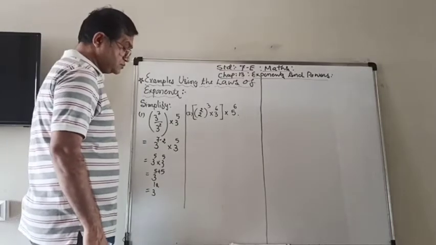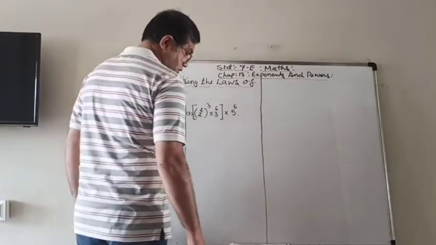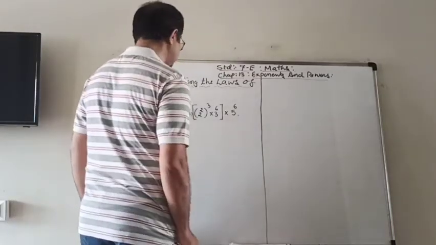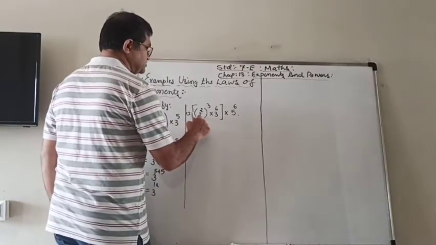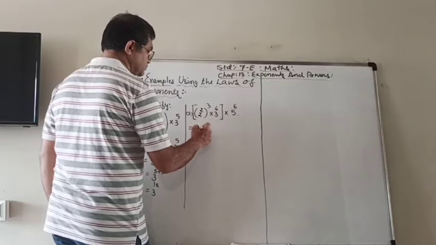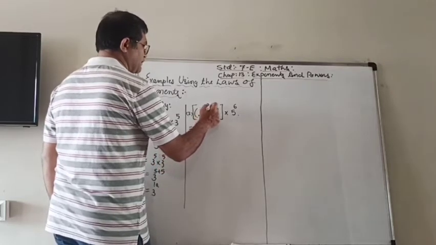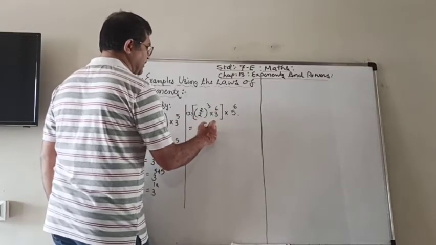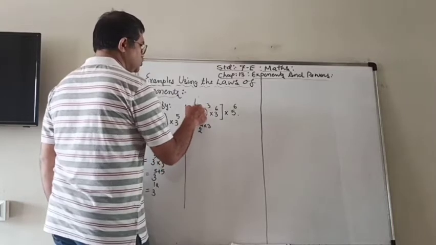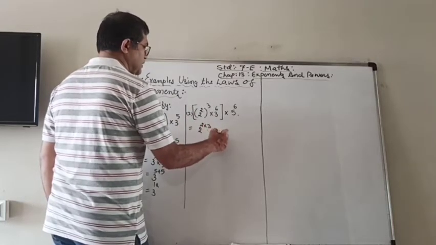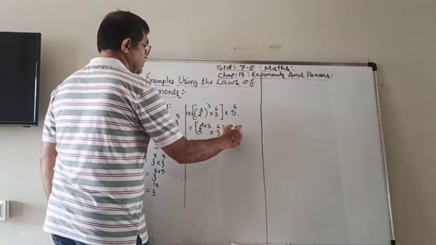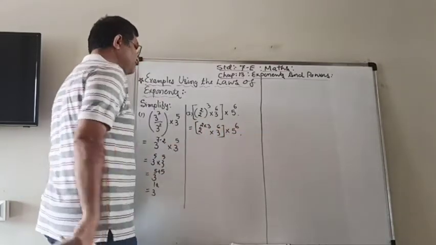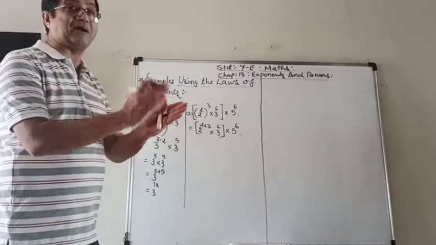So here we have to be careful. Now here first is the power of power. We know that power of power means powers are multiplied. So 2 raised to 2 multiplied by 3, multiplied by 3 raised to 6, multiplied by 5 raised to 6. We have to go step by step.